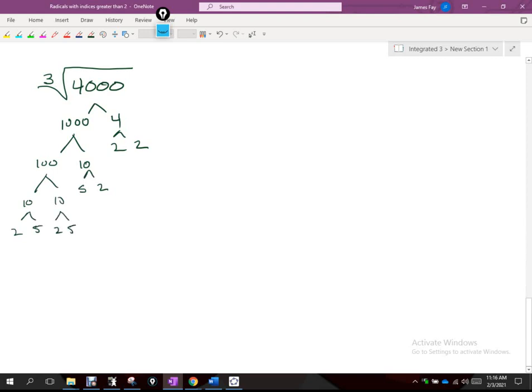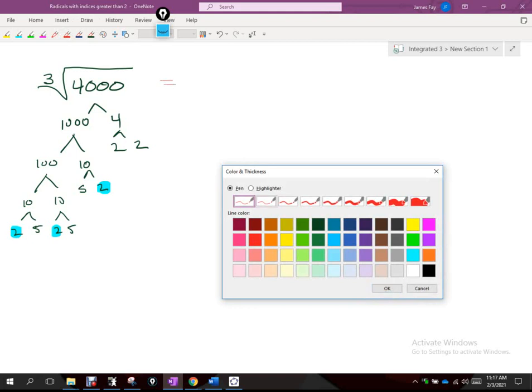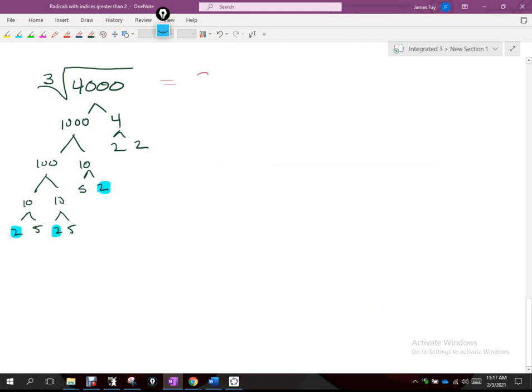Okay, so I'm going to highlight my 2's. So there's 3 2's, right? So when I highlight 3 2's, that can come out. Now, can I look at these 5's? I can't break them down anymore, but do they create a group of 3?